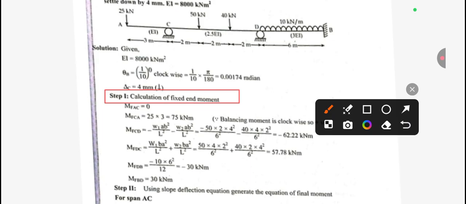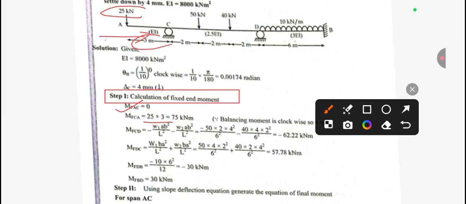From here, for the fixed moment A to C, from left to right, A to C, the load is applied at A, but between A and C there is no load applied. So the fixed moment A to C will be 0, and for right to left, C to A, it will be 25 into 3.